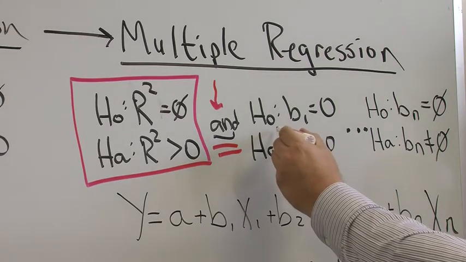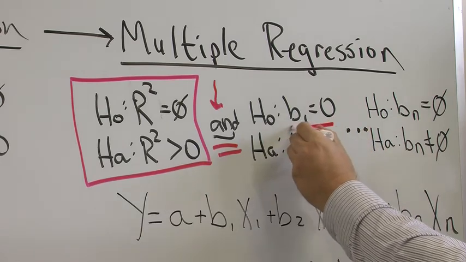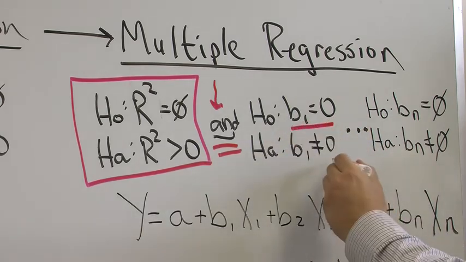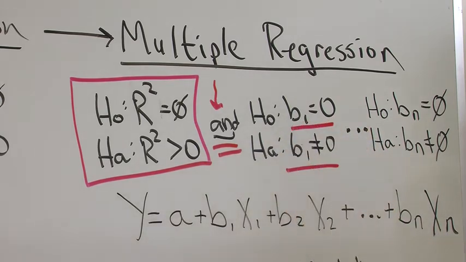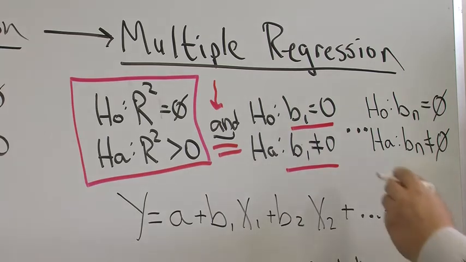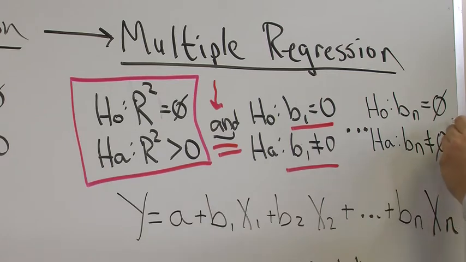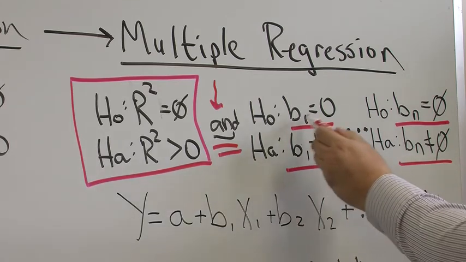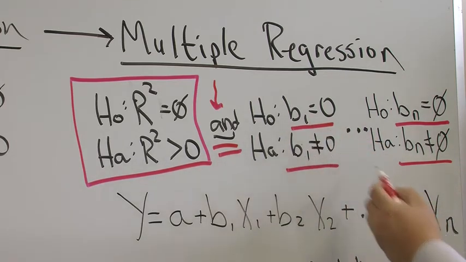So here I have the null hypothesis: b1 equals 0. The alternative hypothesis: b1 is not equal to 0. And we continue that out, as you see here on the far right, the null hypothesis b sub n equals 0, b sub n does not equal 0. I set that up so that, let's say we had two independent variables, it would be b1 equals 0, b1 does not equal 0.